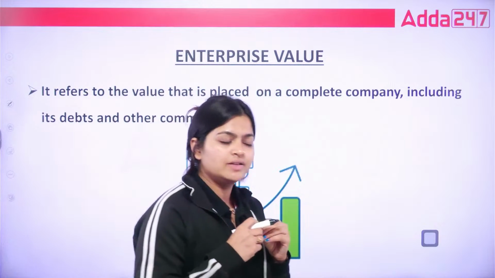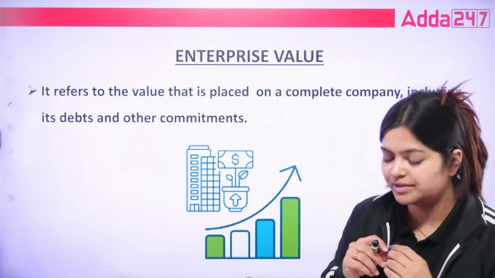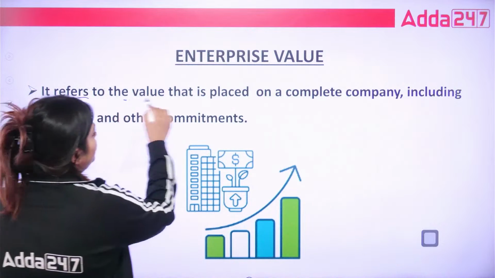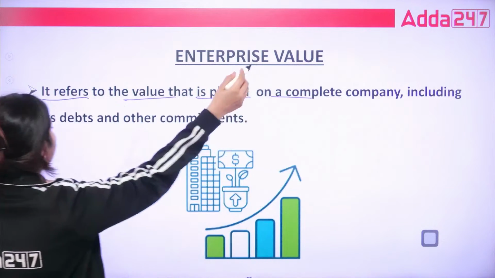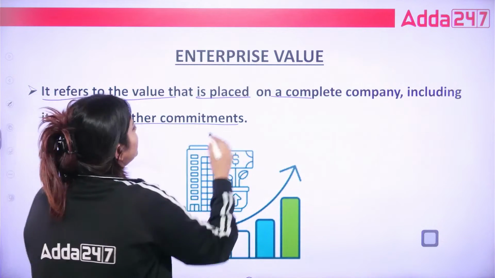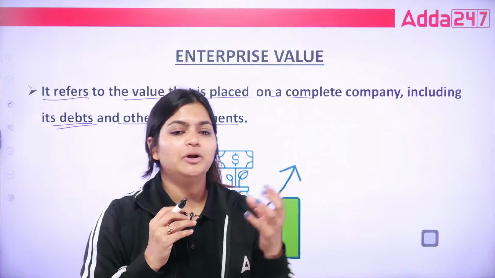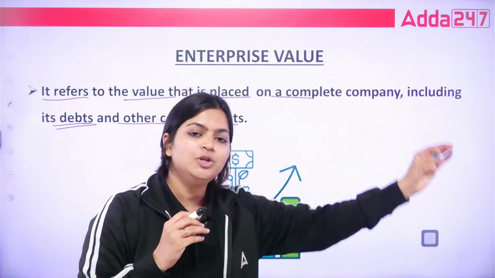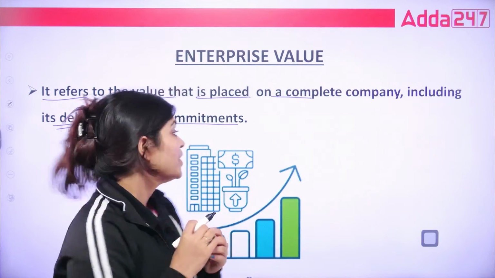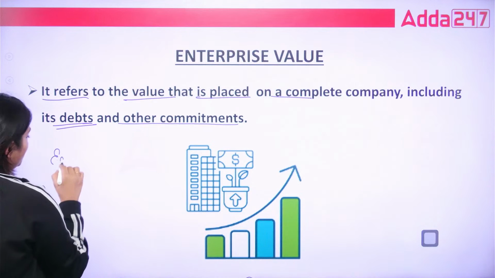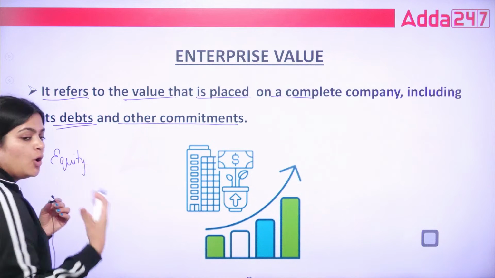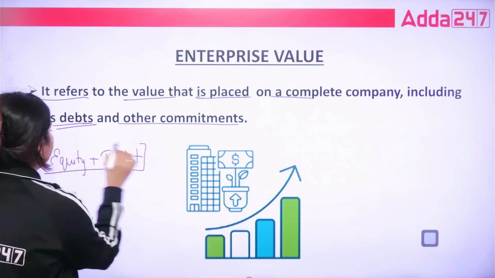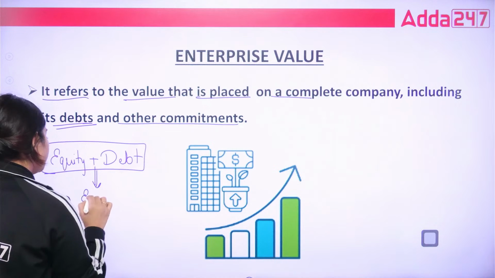Last thing under this is your enterprise value. One more topic we have, that is enterprise value. Enterprise value refers to the value placed on a complete company, including its debt and other commitments. If I am talking about the value of Reliance company, when I use equity, whatever I hold as an owner, plus borrowings, and add both things, I say this is your enterprise value.